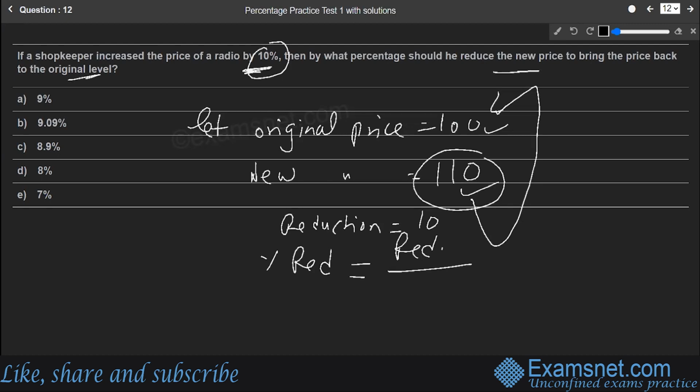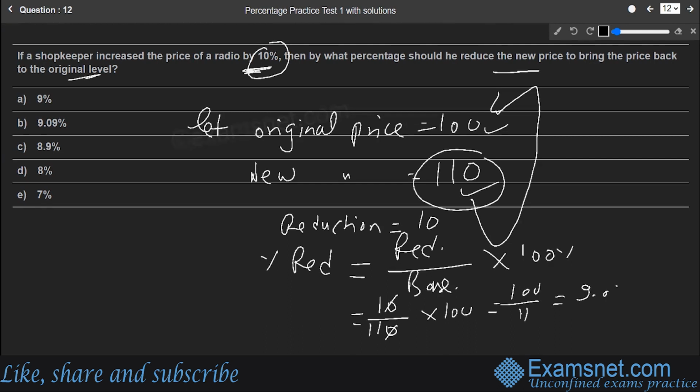So the denominator should be the base from which the reduction is being applied, into 100%. What is the reduction? Reduction value is 10. Where is the reduction being applied? It's 110, into 100. This comes out to be 100 by 11, and in decimal value it comes out to be 9.09%. So that becomes the right answer.